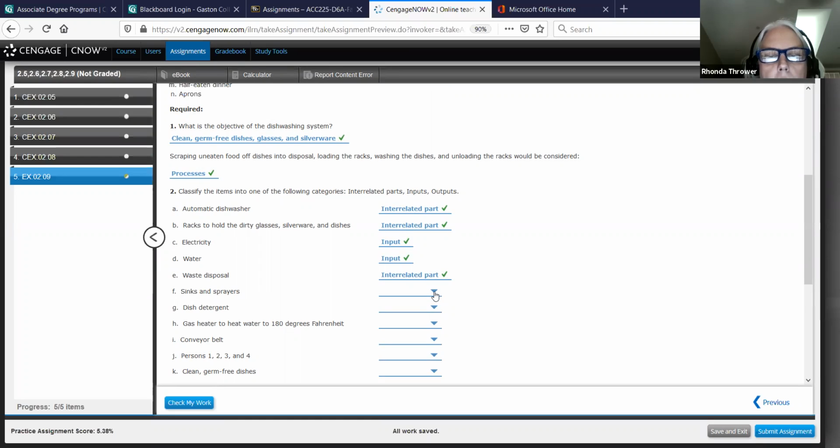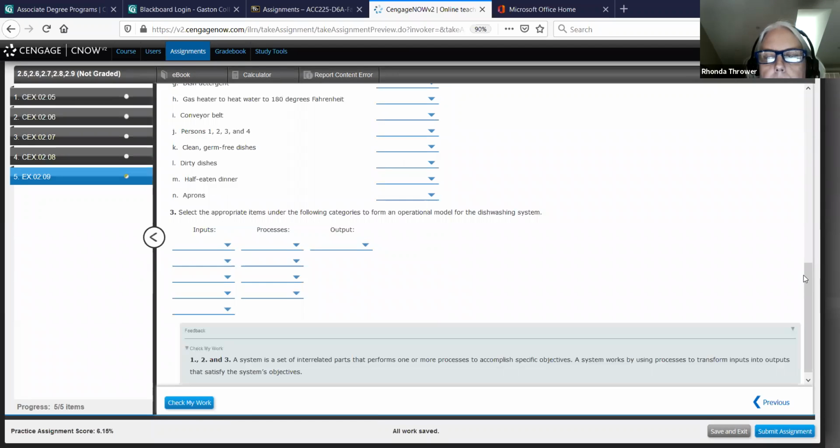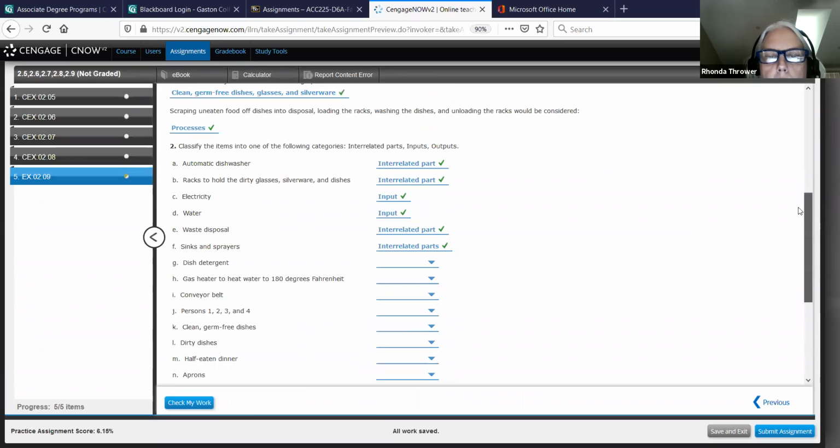Sinks and sprayers are going to become a part of the dishwasher itself. So this is an interrelated part. And I'm checking each one of these as we go. The dish detergent is something that you have to input into the dishwasher to make the dishwasher run. So this would be considered an input.